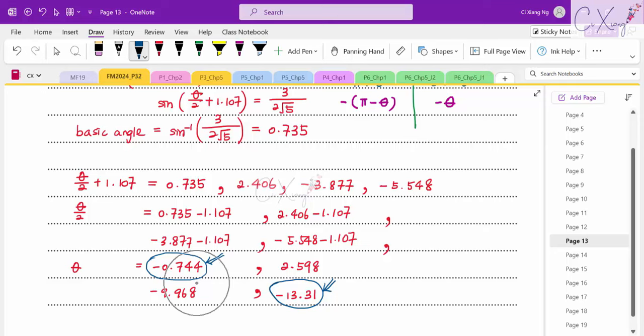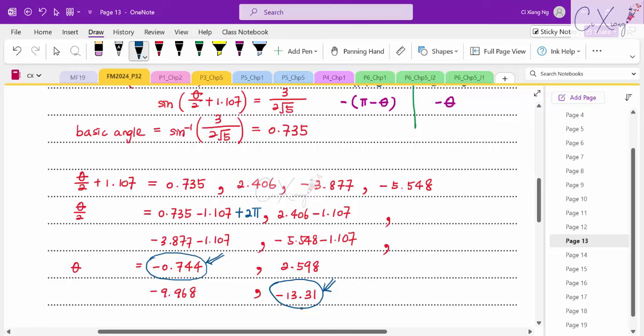We have to go back to our previous step, because this value is too small. To adjust it back to a positive value, I need to add 2 pi. That means instead of getting this answer, I need to get the answer 1 round later. This answer is also the same, because this value is too small, which is out of the range already.